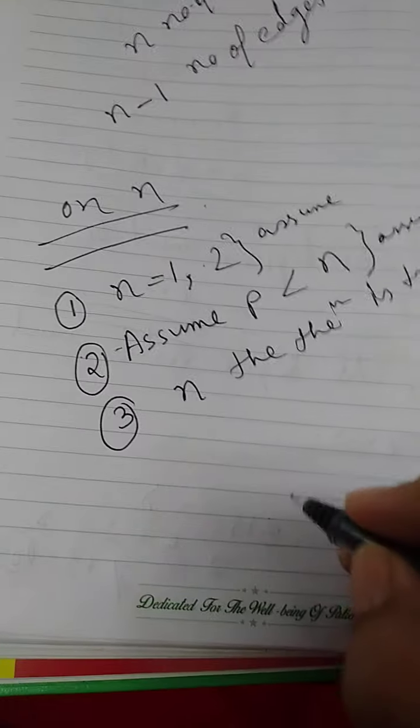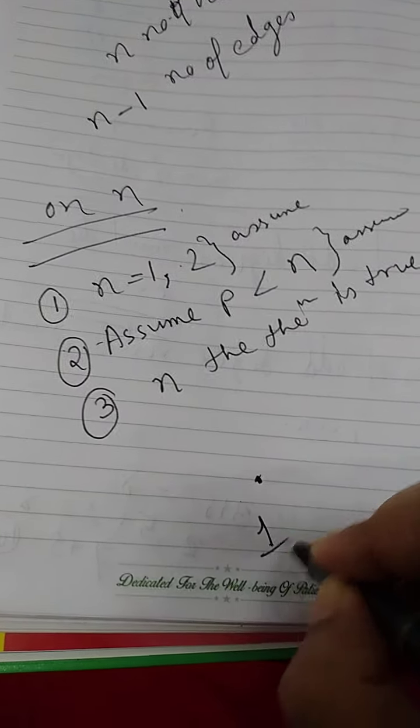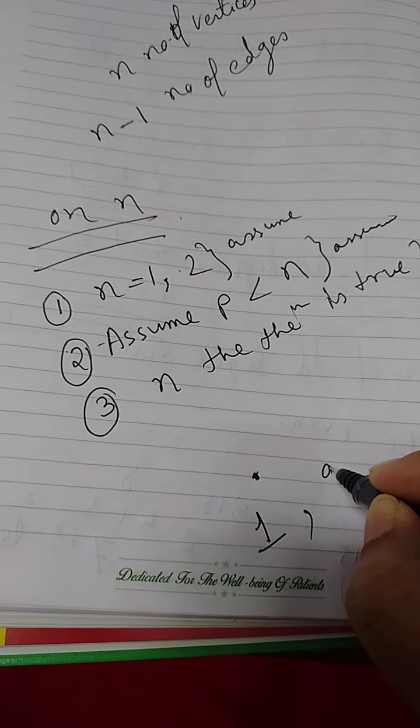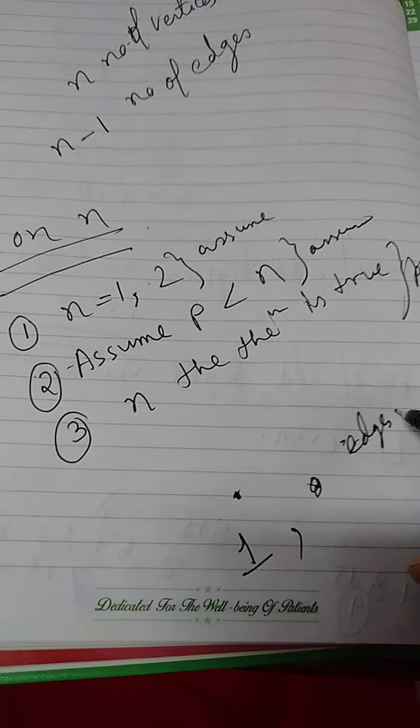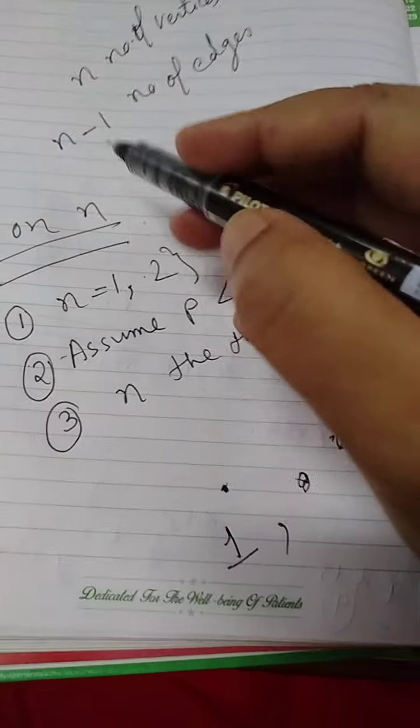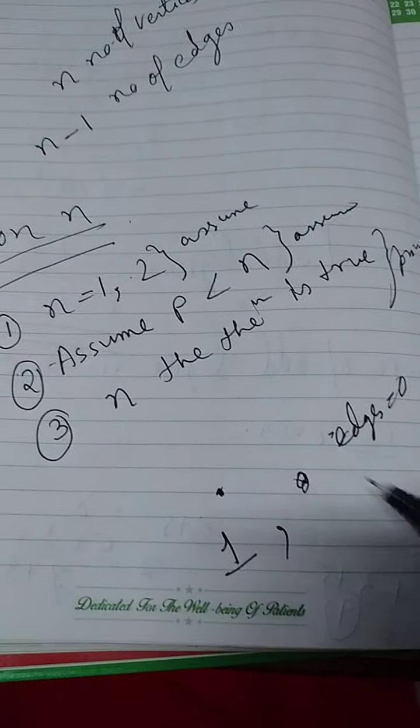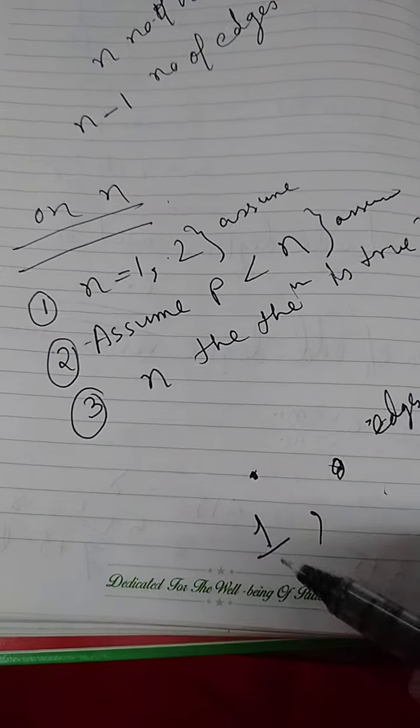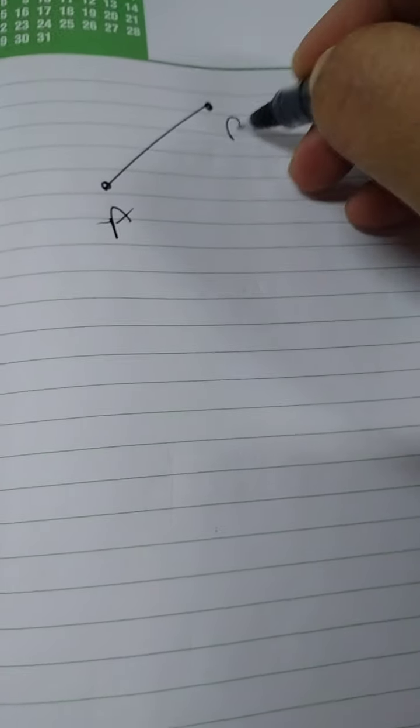So here for n equal to 1, when the number of vertices is 1, the number of edges is 0, and n-1, 1 minus 1, is 0. That means this theorem is true for n equal to 1. Now for n equal to 2, there are 2 vertices.